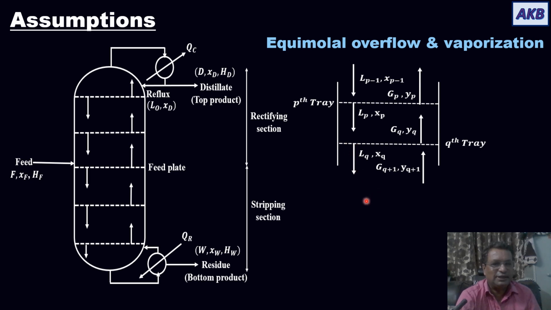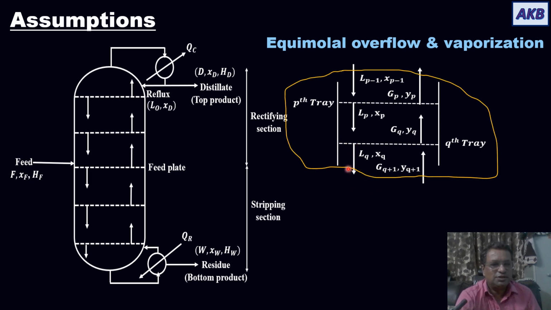I am showing it once again. Now I will draw this envelope. If I represent it by a rectangular block, let us say this block is representing the envelope that I have drawn, then you can identify four streams associated with it. One is the liquid stream coming into it, this stream. Then we have the vapor stream coming into it, this stream.